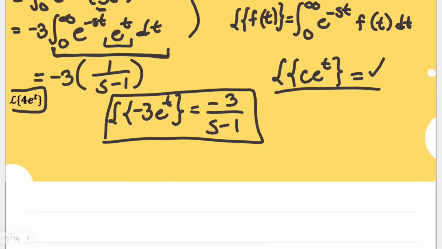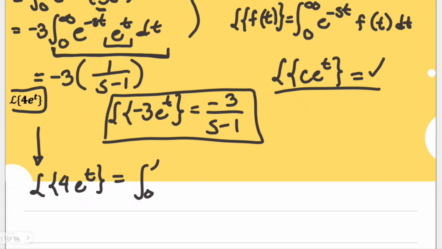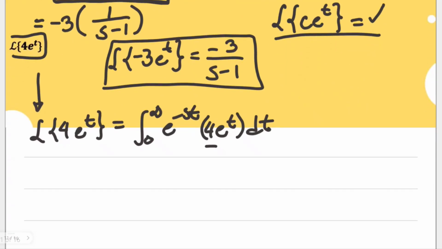Similarly, for our second item, the Laplace transform of 4 e to the power of t is again expressed in this manner: 0 to infinity, e to the power of negative st, then you have 4 e to the power of t dt. With 4 being a constant, we can move it outside: 0 to infinity, e to the power of negative st, e to the power of t, and then dt.